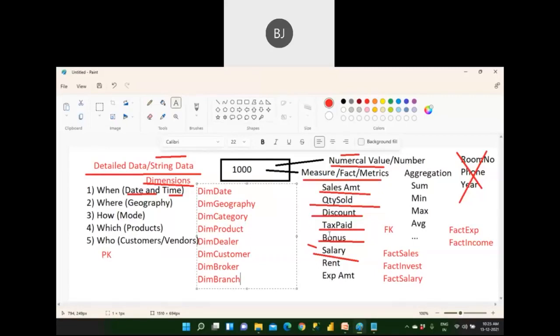Fact renewals, that is also a fact table, right? Many tables are available. If you're working for a company like Amazon, definitely they will have a fact sales table. They will have a fact inventory table, right? So in which godown and which warehouse, what is the inventory? Stocks, fact stock.